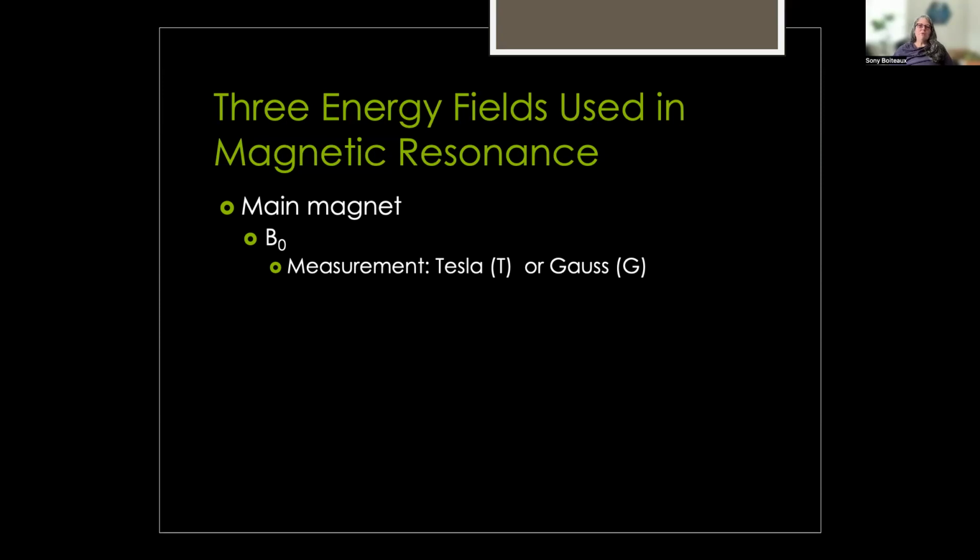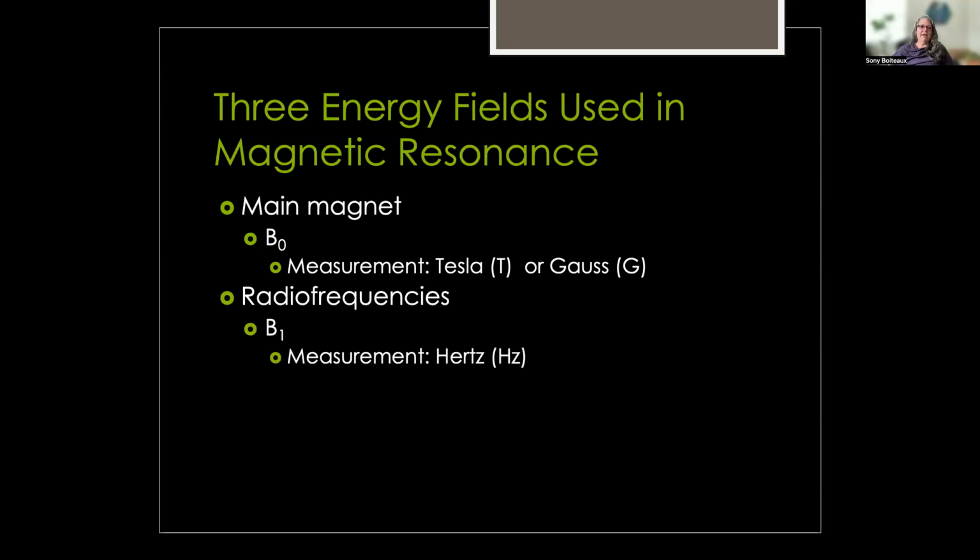Okay, so that gives you a little more perspective when you consider that many MRI systems, most commonly, are operating at 1.5 Tesla or 15,000 Gauss. Now, of course, there are lower field systems as well, and they might be, say, 0.2 Tesla. And so you could do the calculation to determine how many Gauss that system is working with. All right, so that's our first energy field, our main magnet, or our B0 field.